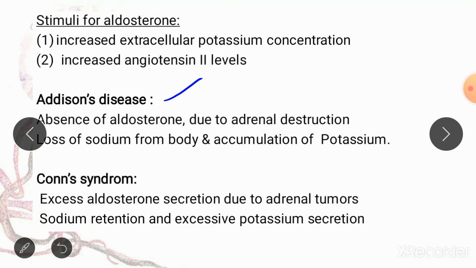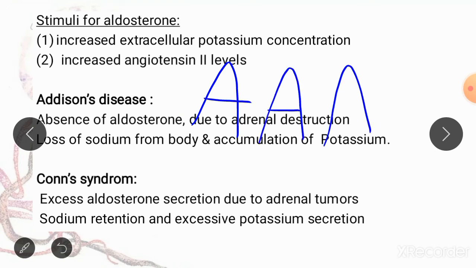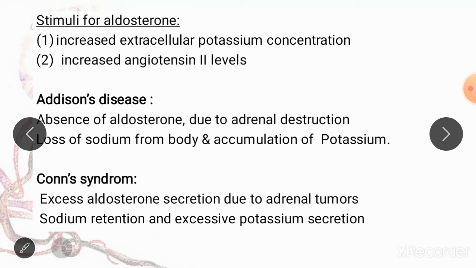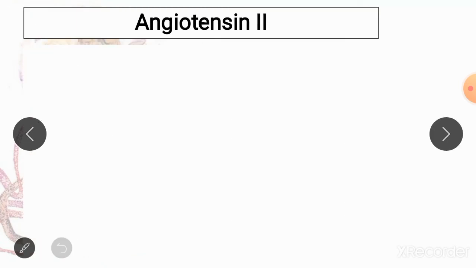And whenever there is absence of aldosterone, to remember this, you can use the mnemonic A for absence, A for aldosterone, and A for Addison's. Whenever there is absence of aldosterone from your body, it is going to lead to Addison's disease. And whenever there are large quantities of aldosterone in your body, this syndrome is known as Conn's syndrome or Conn's disease. You will be studying these diseases in greater detail during endocrinology.